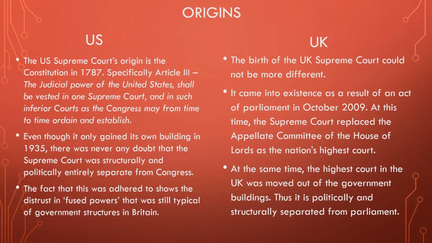So as you can see, aside from the 250 or so years difference that exists between the two courts, the actual principle of the courts is quite similar, but the execution is totally different.